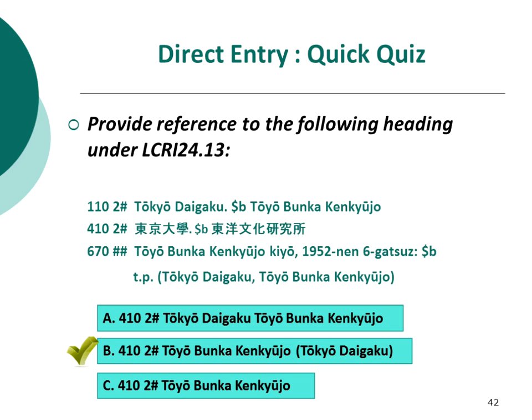It's not wrong, but it's not a typical reference that we give. On the other hand, choice B is important, which is a direct entry form qualified by parent body, because if you start to search Tokyo Daigaku, you would not be able to find this subordinate entry heading. So a cross-reference for a direct entry form of this subordinate body is needed.